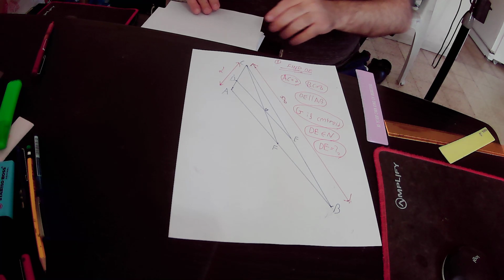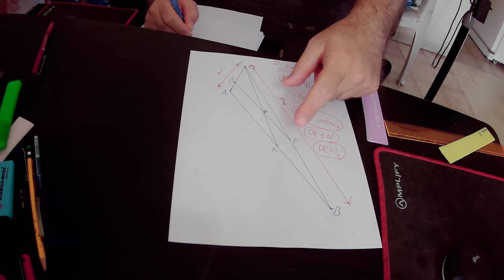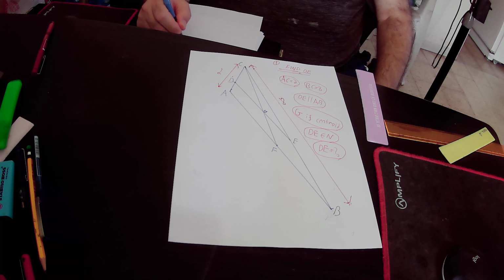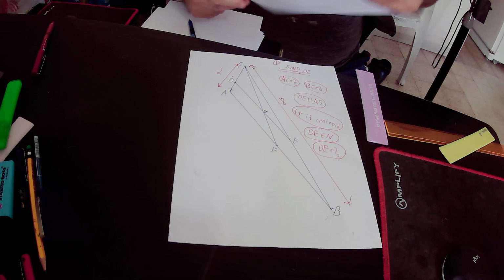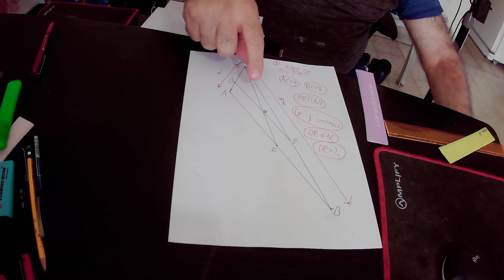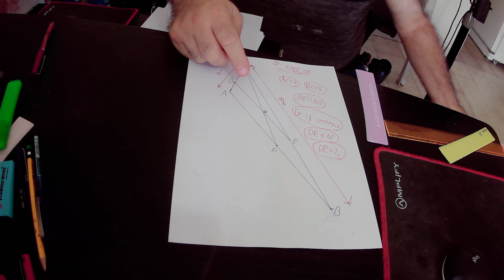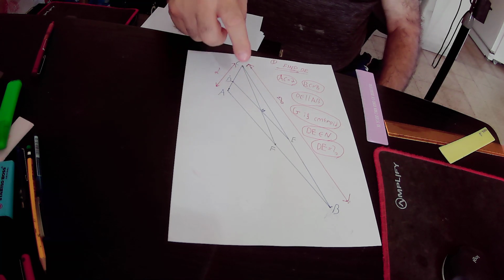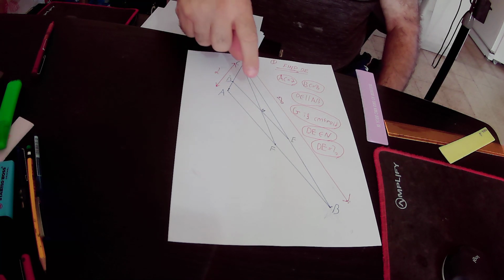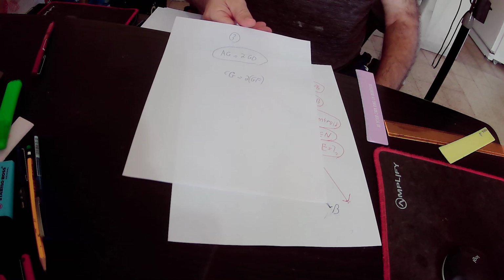Therefore, CG will be equal to 2 times GF, according to this rule: the centroid G of triangle ABC divides the median CF in a relationship such that CG equals 2 times GF.